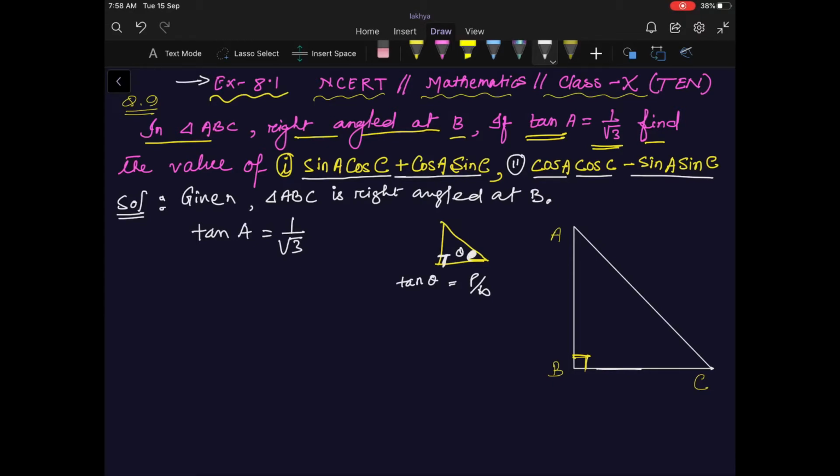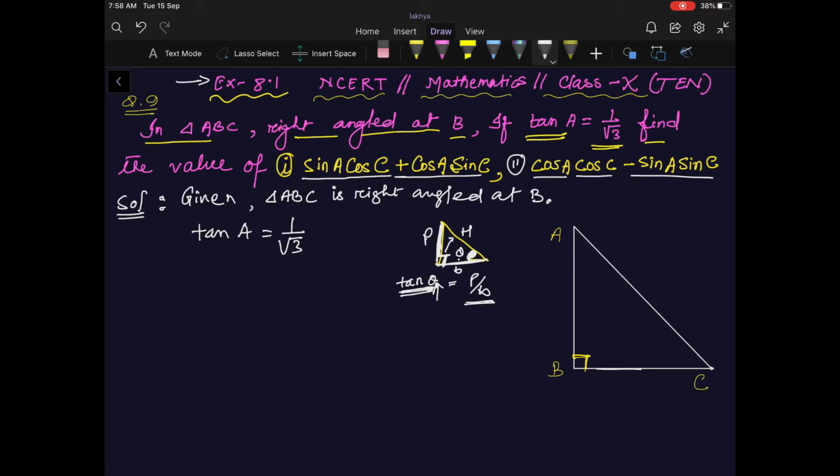We know that tan theta is equal to perpendicular by base. Then which one should be perpendicular? The side opposite to the angle which is taken here should be considered as perpendicular, and the other adjacent side is base, and the hypotenuse is always opposite to the right angle.